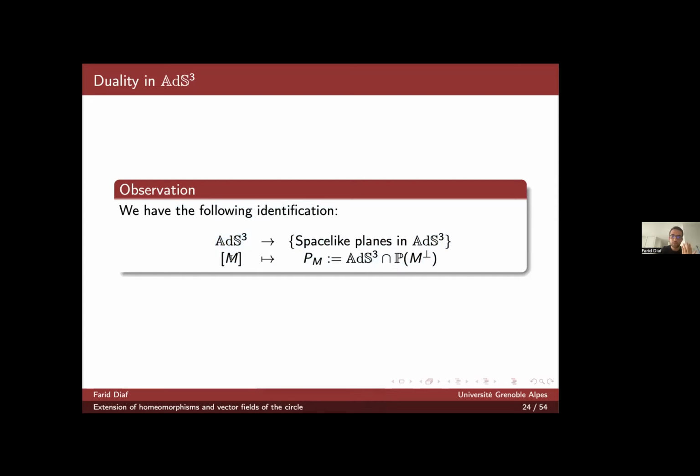You take M, and then you take the orthogonal of M, which has dimension 3. You projectivize, which is dimension 2. You intersect with anti-de Sitter space, and you get the space-like plane. So all space-like planes are obtained this way. This is the orthogonal of some element in anti-de Sitter space.